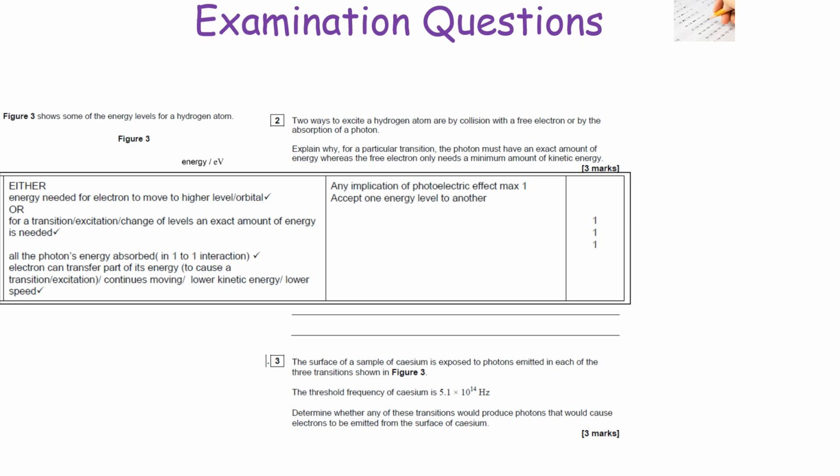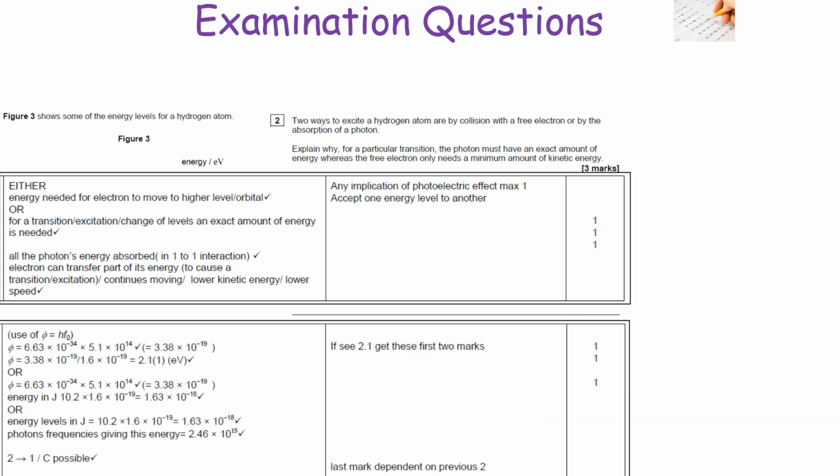You don't have to do all three, because you know that C, because it's the biggest difference, is going to have the biggest energy for the photon, because the photon energy is equivalent to the difference between the two energy levels. So that's the most likely one to cause emission of the photoelectron. Now, how would you work that through? You do work function equals Planck's constant times the threshold frequency, and you work out the value in joules.